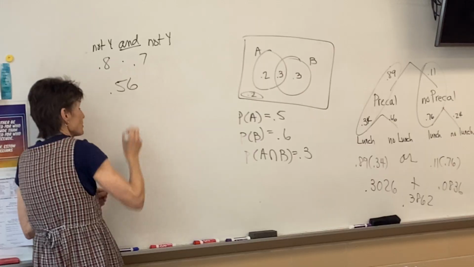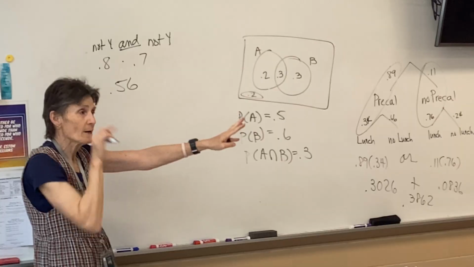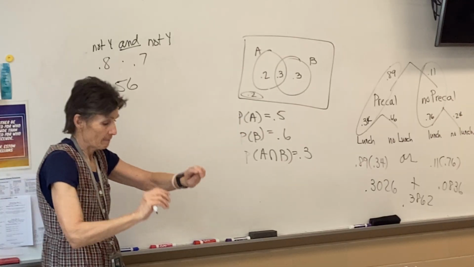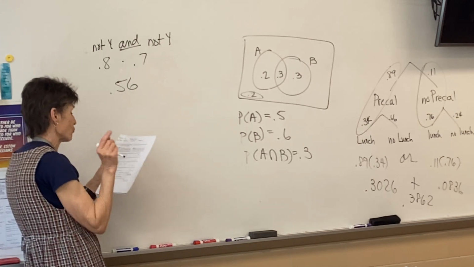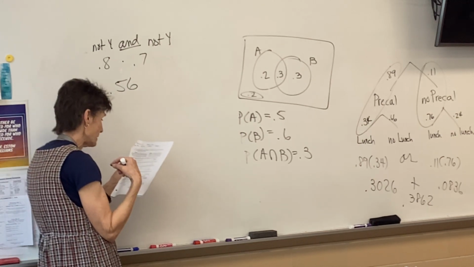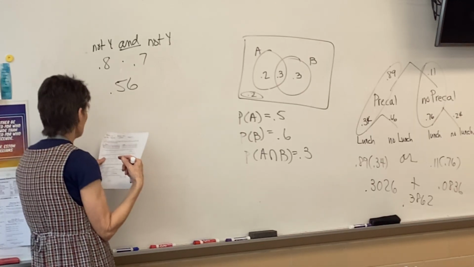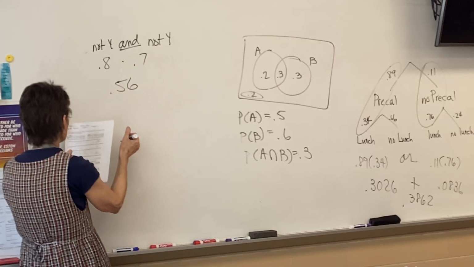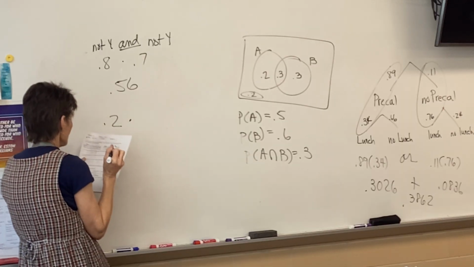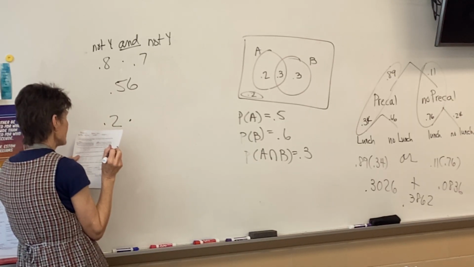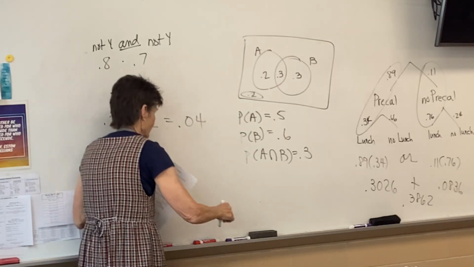Multiply, and the answer is 0.56. I want no yellow and no yellow. All right, number 2, or B. What's the probability Trey gets a red and Jada gets a green? Well, Trey getting a red is 0.2, and Jada getting green is 0.2. So the answer is 0.04.